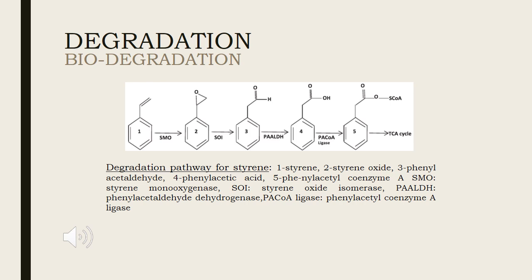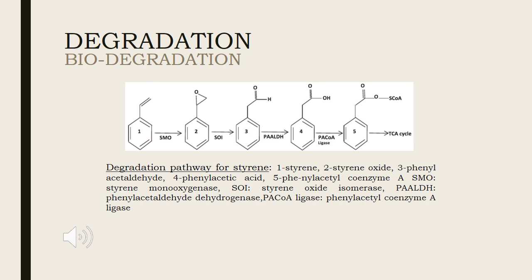In fact, a large number of microorganisms can bring about styrene biodegradation. There are several ways of styrene catabolism. However, a predominant pathway involves the oxidation of styrene to phenyl acetate, which is then converted via the TCA cycle. This pathway is shown in the figure.